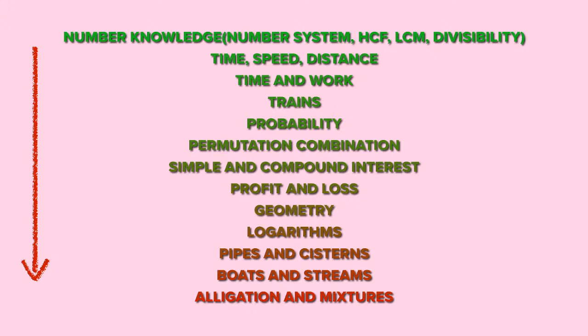And time and work, trains, probability, permutation, combination, all of these are equally important and might vary from 2 to 1 questions. Other stuff such as simple and compound interest and profit and loss are a main one. And including simple and compound interest, there are other similar topics such as bankers discount or investors discount, etc. So you might also encounter such type of questions, as well as in profit and loss.